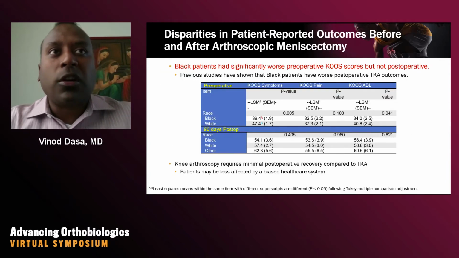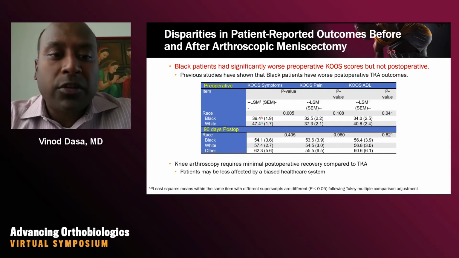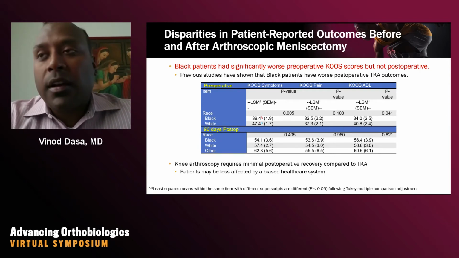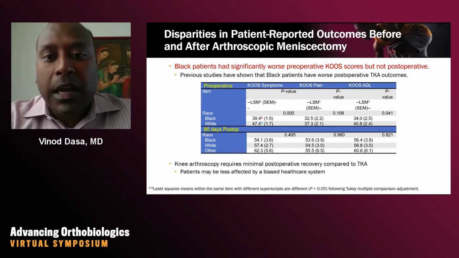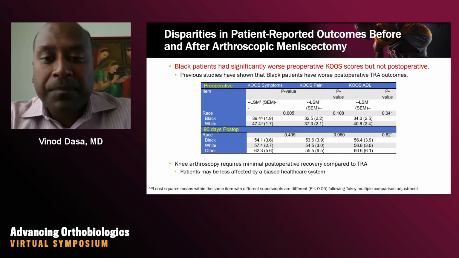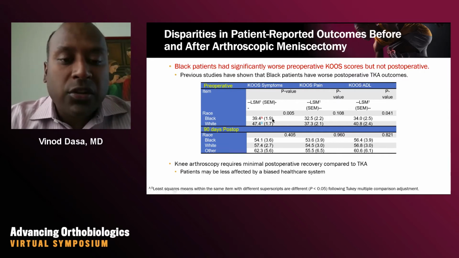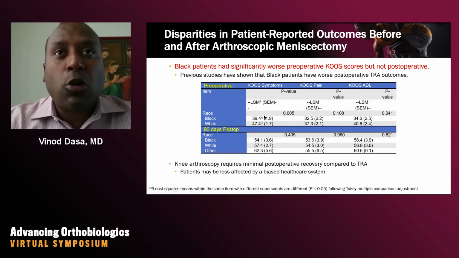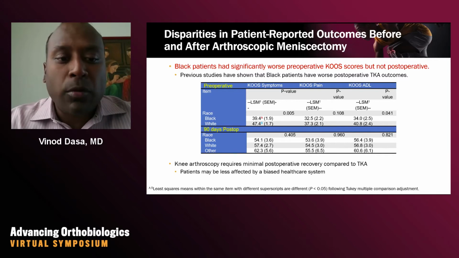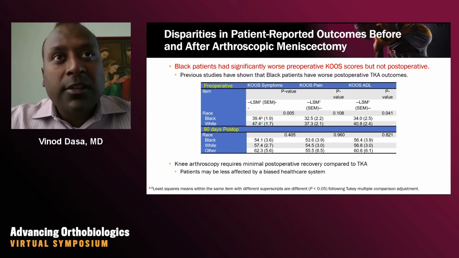We also wanted to look at how our non-white patients were doing compared to our white patients in the context of a bread and butter surgery, arthroscopic meniscectomy. We found our non-white patients were actually starting off at a lower point compared to our white patients prior to knee arthroscopy for meniscus tear. But post-operatively was a little intriguing.